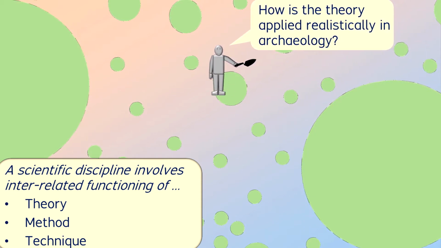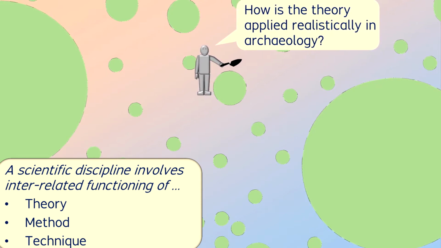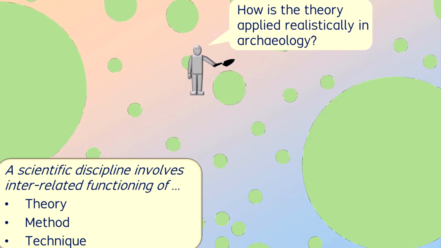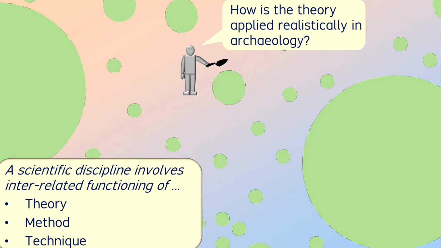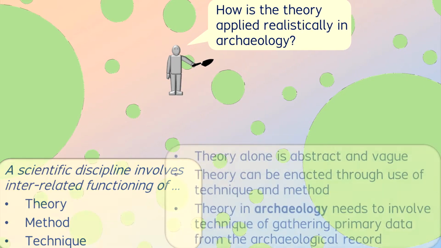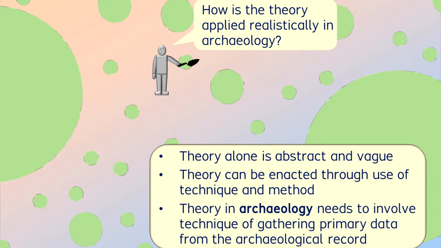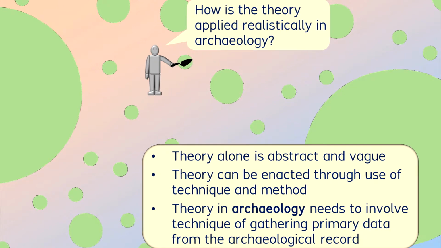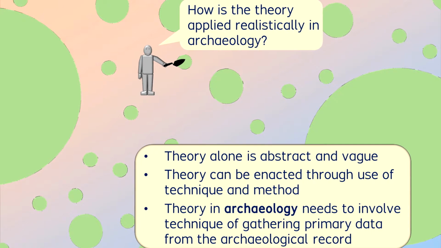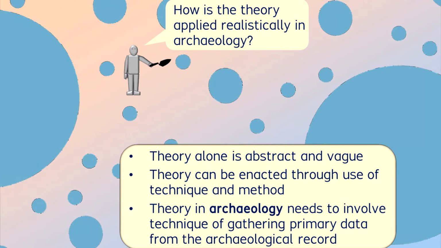In this sense, any book about theory will face practical problems about how to present theory in an accurate and meaningful way. A book about theory in archaeology or in any field of study necessarily would be abstract and vague unless the theory can be applied with real examples through the use of technique and method.